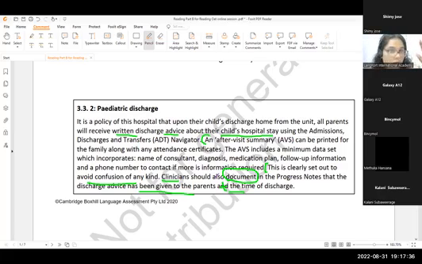So they need to write down everything about the hospital stay as per the navigator in written form for the parents. Then they can also get an after visit summary, whose content is also given. And all these are done to avoid any kind of confusion. Then they are saying at the end, clinicians should document if they have given advice to the parents at the time of discharge.